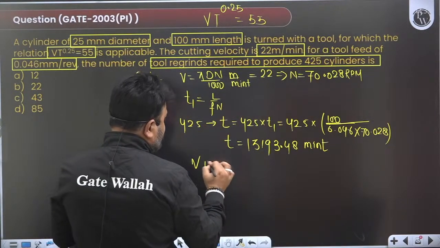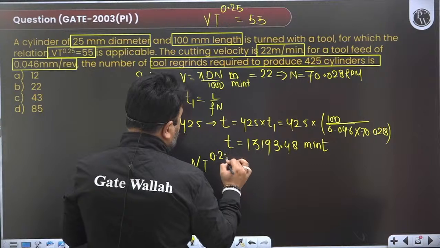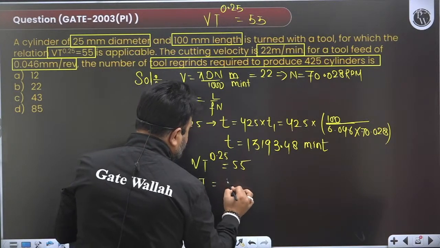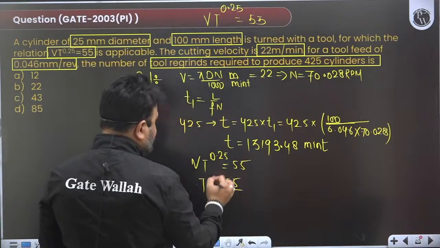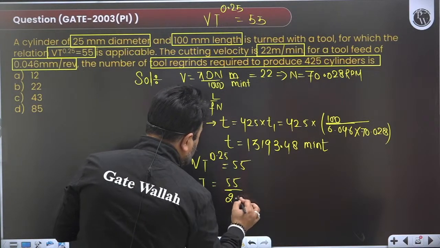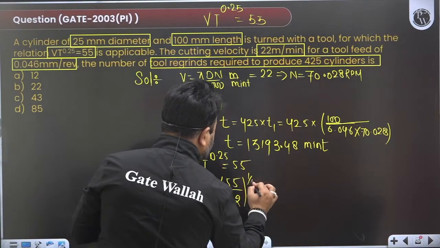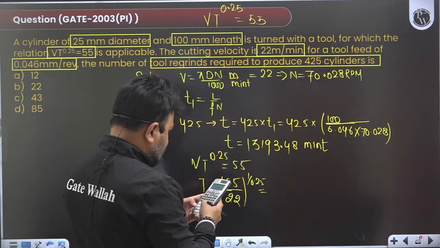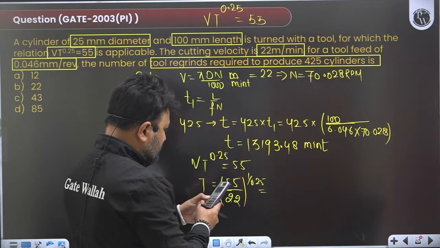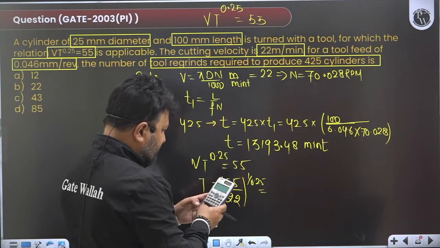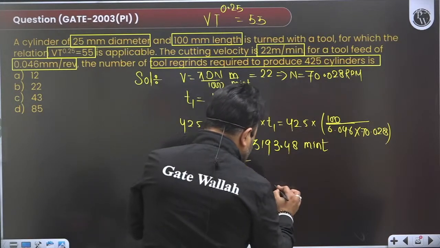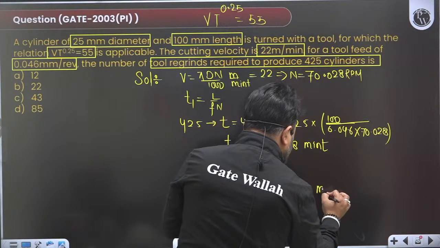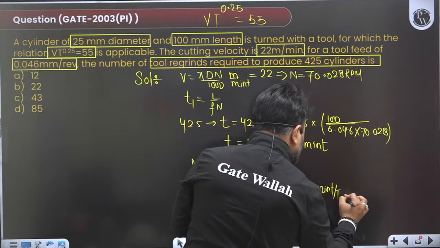Now tool life: Vt to the power 0.25 equal to 55. Here 55 divided by V, that is 22, to the power 1 divided by 0.25. What is that? 55 divided by 22 to the power 1 divided by 0.25 is 39.0625 minutes per tool.